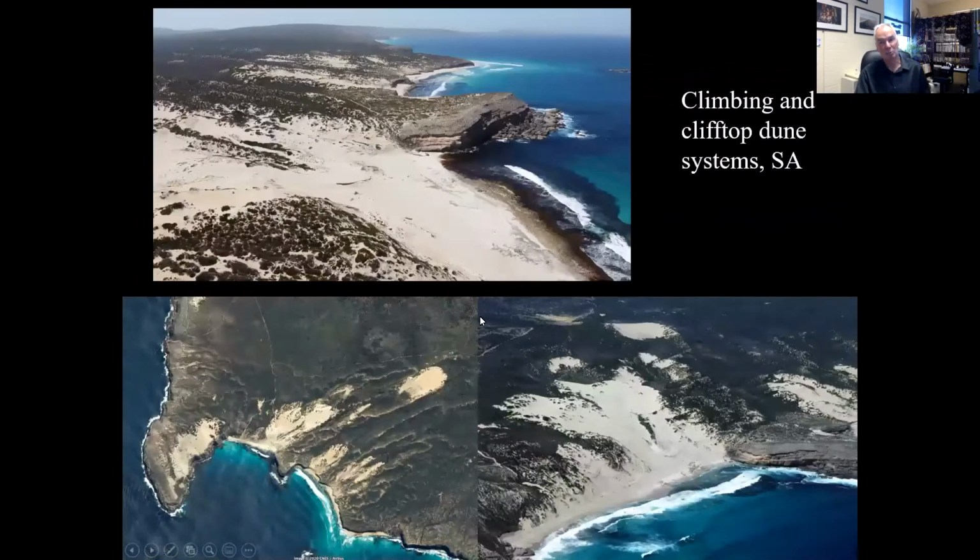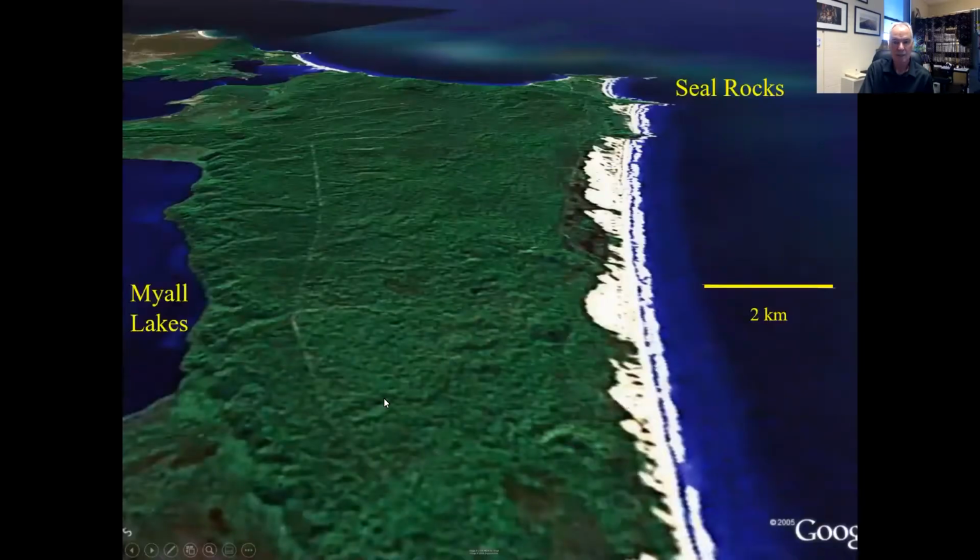So there's reasonable evidence that that occurs, and certainly South Australia has many fantastic climbing and clifftop dune systems that date from that period through to the present, with still a few active ones in some places, as you see here in South Australia. And of course, another example is the Seal Rocks example in the northern end of Myall Lakes embayment, where we have this massive transgressive dunefield system in multiple phases and ages.